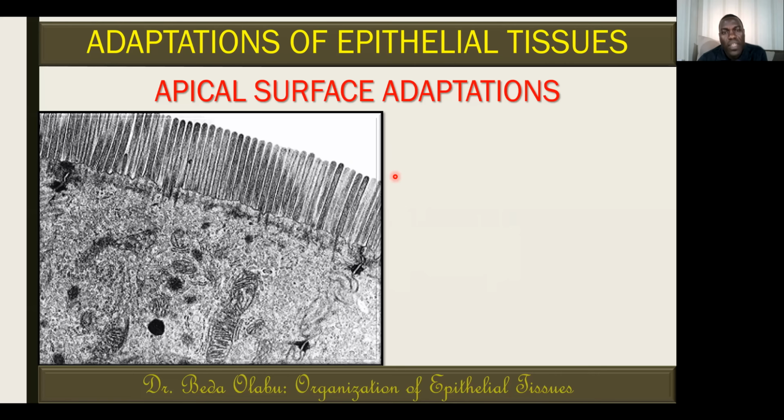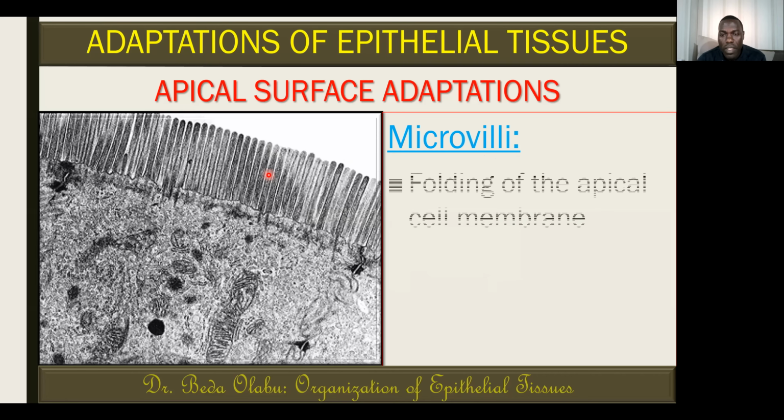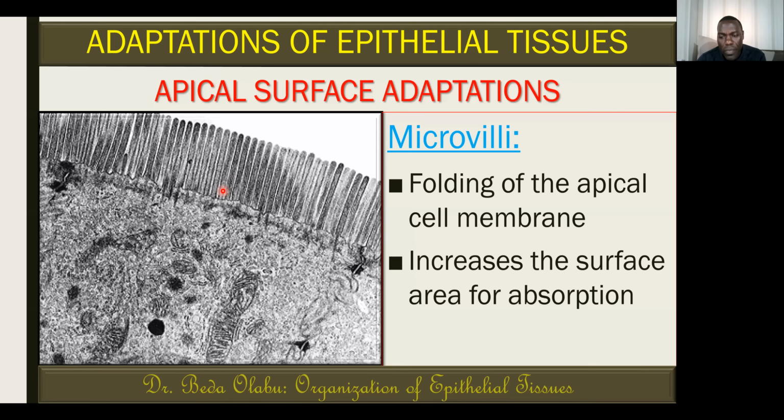Let's begin with apical surface adaptations. The adaptations of epithelium on the apical surface are about four. The first one, the one I'm showing here, is what we call microvilli. Microvilli are finger-like projections of the apical cell membrane. They increase the surface area of the apical cell membrane, and this is an adaptation for absorption.